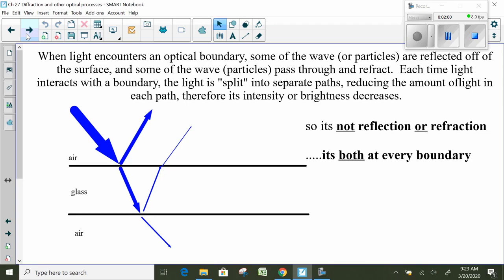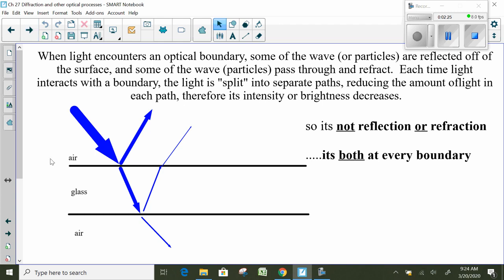Well, it turns out usually both things happen. I gave the example in classes, if you're standing outside your car on a sunny day, you look at the driver's side window of the car, you can see your reflection in the glass of the window, but you can also see through the glass. You can actually see inside your car. So light is reflecting off the surface and passing through.